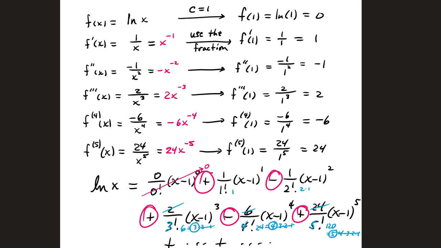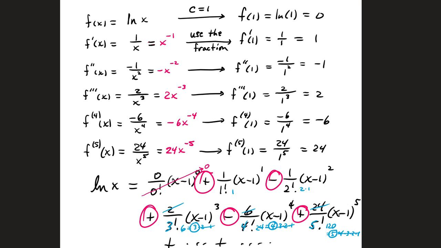Okay, so starting with 0, we have 0 over 0 factorial, x minus 1, because the center is at 1, 0, plus 1 over 1 factorial, x minus 1 to the first, minus 1 over 2 factorial, x minus 1 squared, plus 2 over 3 factorial, x minus 1 to the third, minus 6, that's minus 6 over 4 factorial, x minus 1 to the fourth, and finally 24 over 5 factorial, x minus 1 to the fifth.